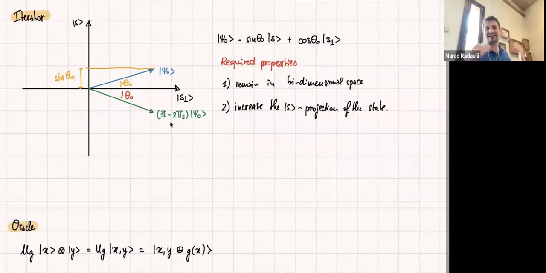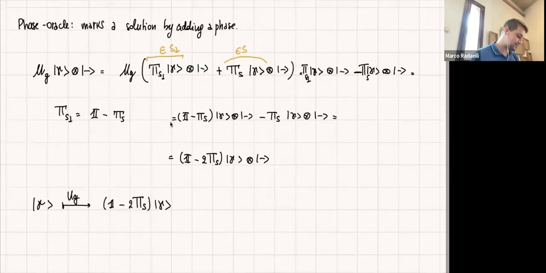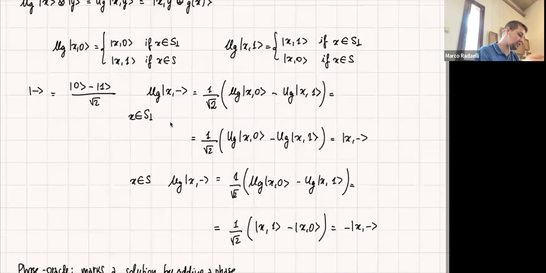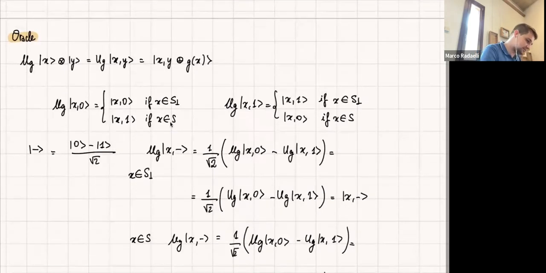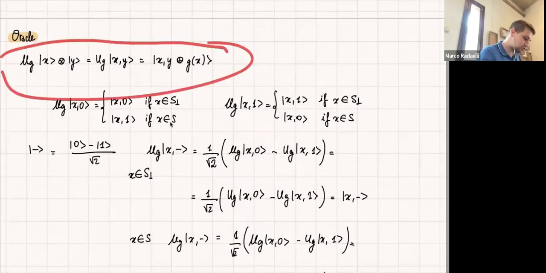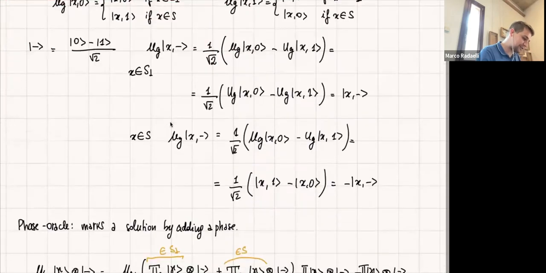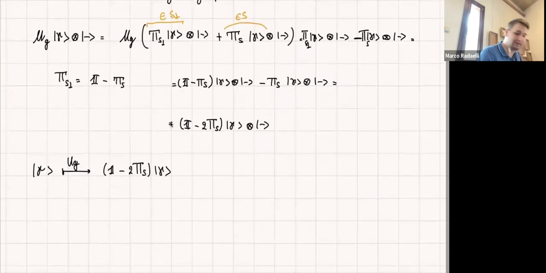So we can just ignore the existence of this ancillary qubit, and we will see that in the Qiskit implementation, it's not even there. Okay, it's just a way to convert our original oracle, which has this form here, into a different oracle, which has the form of adding the minus.